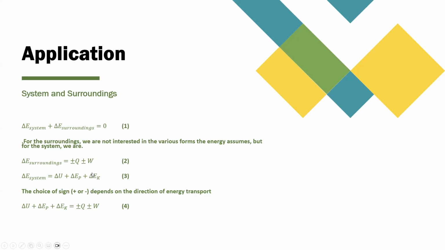The potential energy is the energy possessed by the entire system on a macroscopic scale as a result of its position. The kinetic energy is the energy possessed by the system on a macroscopic scale as a result of its motion.